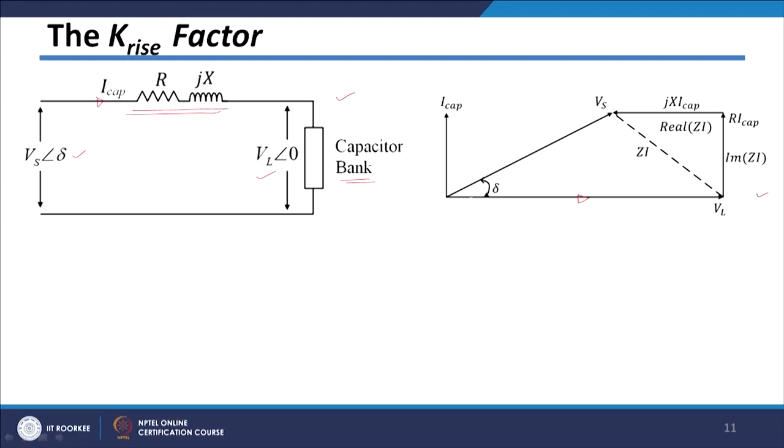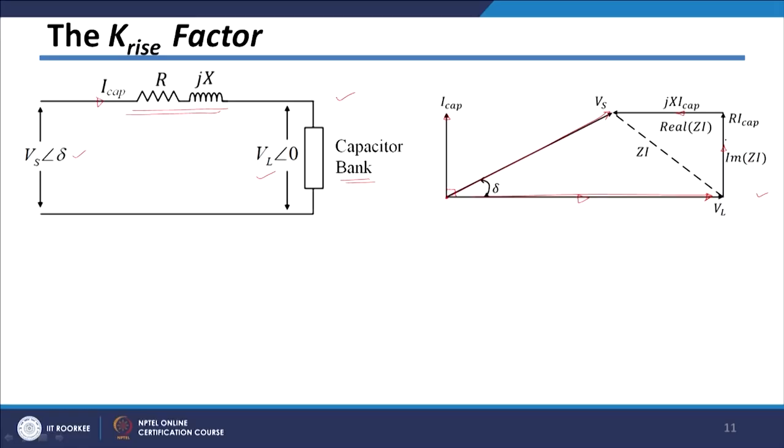This is the phasor VL, and if you add the two voltage drops, that is the voltage drop across the resistance and the voltage drop across the reactance, I will get the voltage Vs. Since it is a capacitive load, the capacitive current will lead with respect to VL. So, the angle between VL and the capacitive current will be 90 degrees.